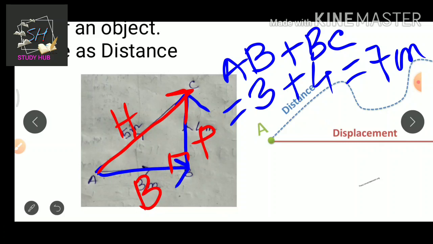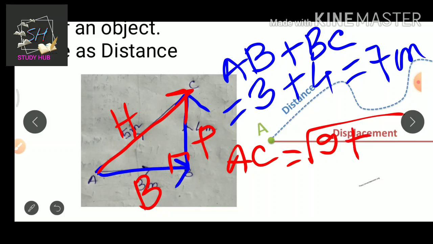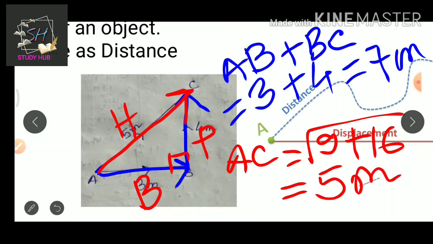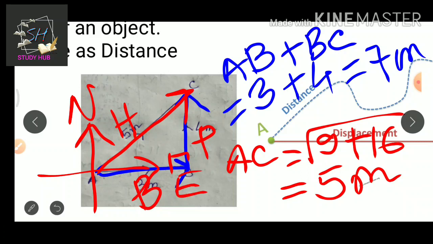So by Pythagoras theorem, AC equals root over base square plus perpendicular square. Base was 3, so 3 square 9, and perpendicular was 4, that means 4 square 16. So root over 25, that means 5. So in that case, distance is 7 meter, but displacement is 5 meter northeast. Why northeast? Because this is north and this is east, and so this is northeast. So displacement is here 5 meter northeast.